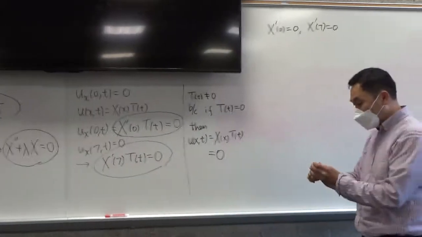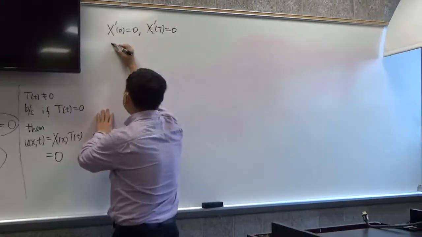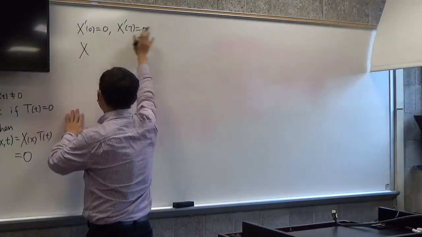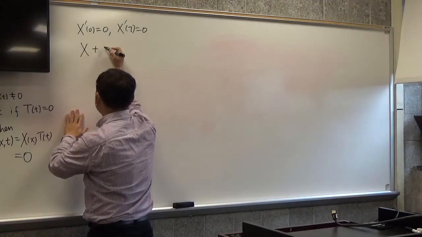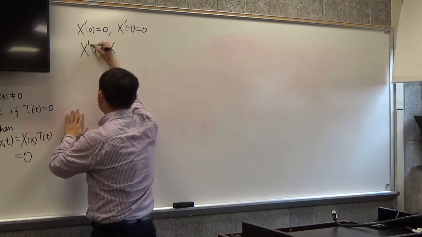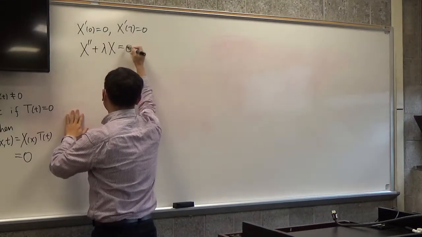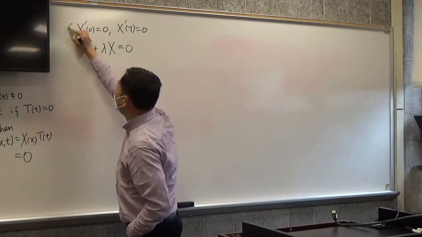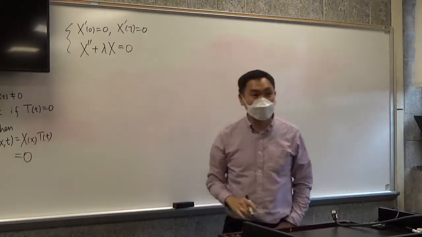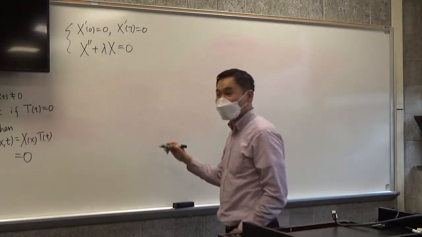All right, so now let's take these boundary conditions with the equation for X that we observed. This was the equation that we got. And let's try to solve this. Well, we actually solved this before, right? Do you remember the solution?